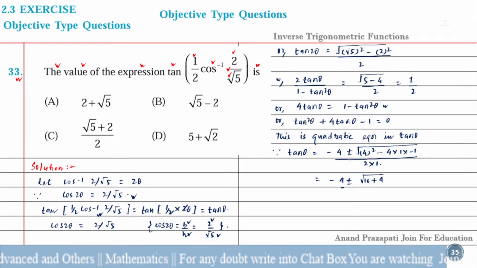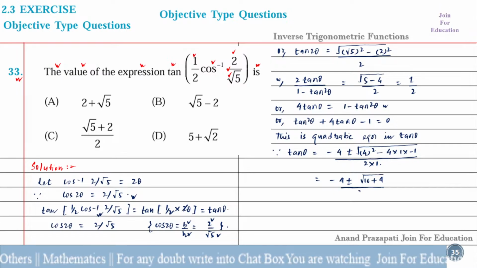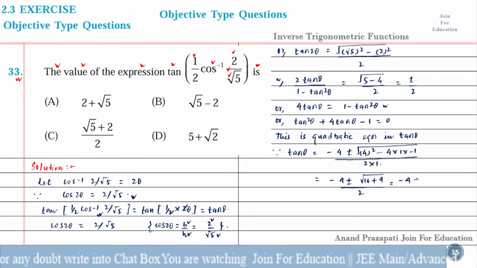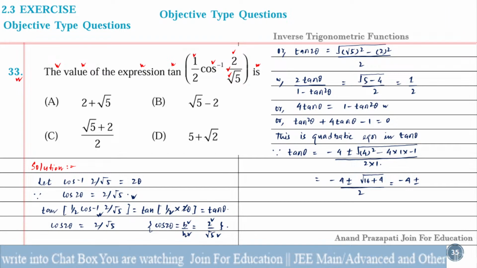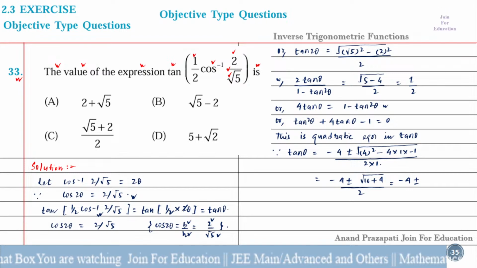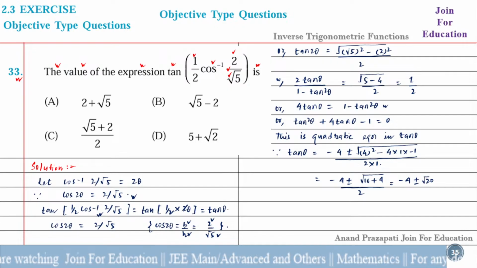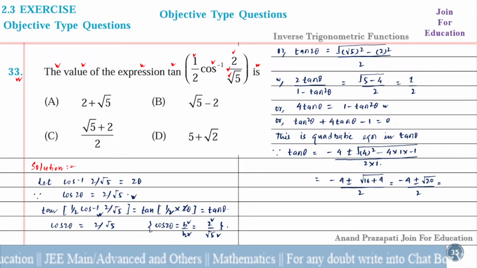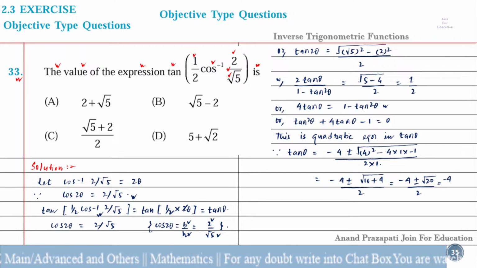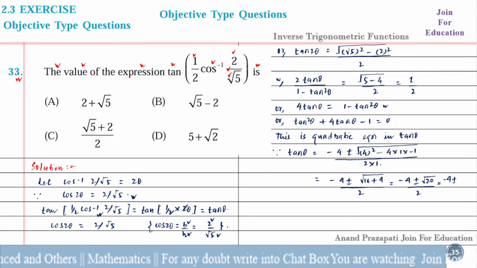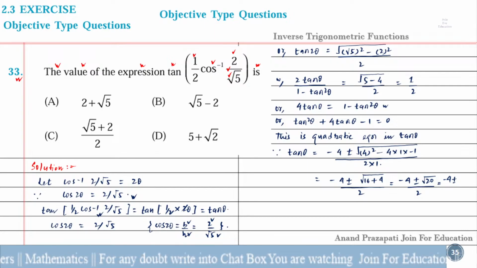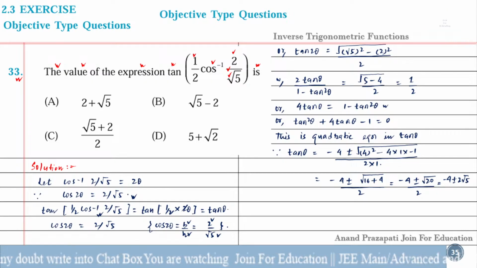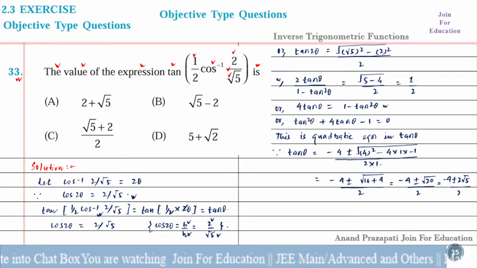Over 2 equal to minus 4 plus minus square root of 20 over 2, equal to minus 4 plus minus 2 root 5 by 2.